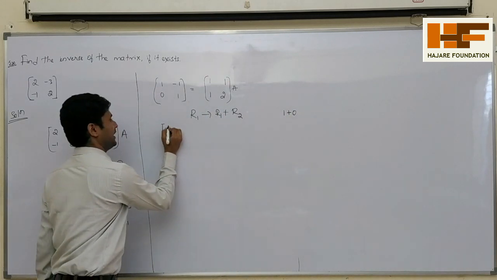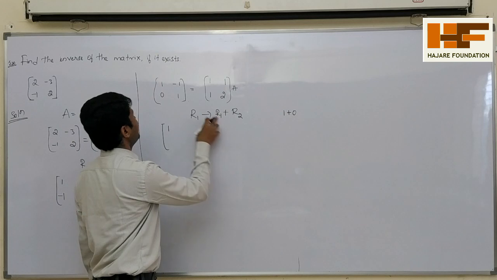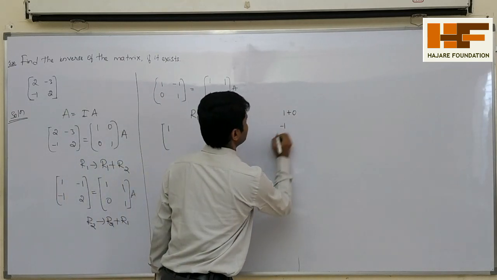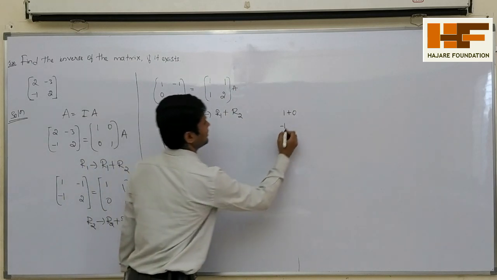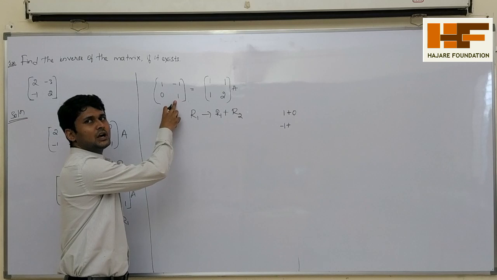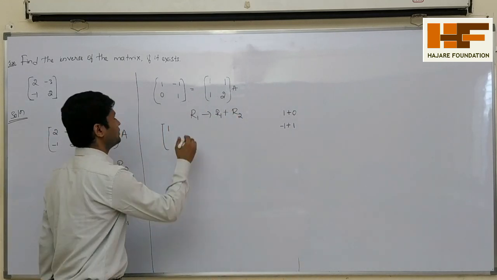Simplify the term, right, answer here 1. Next, R1 element. What is the R1 element here? Minus 1. Minus 1 plus corresponding R2 element. What is the corresponding R2 element? 1. Minus 1 plus 1, 0.